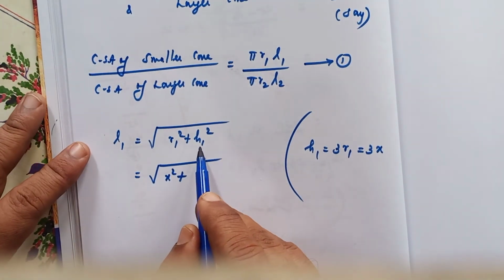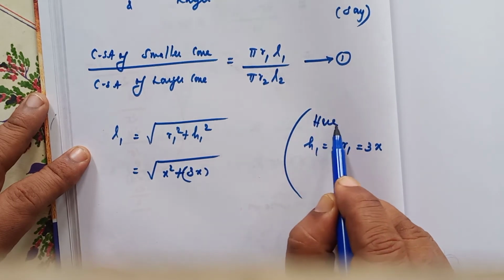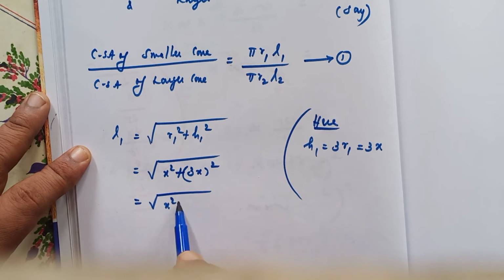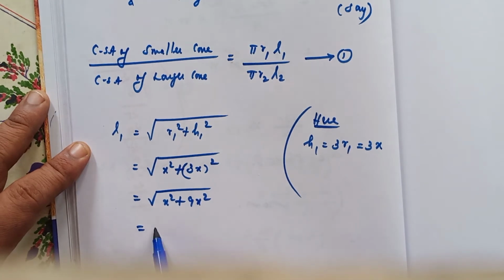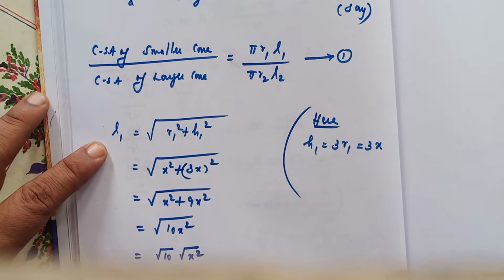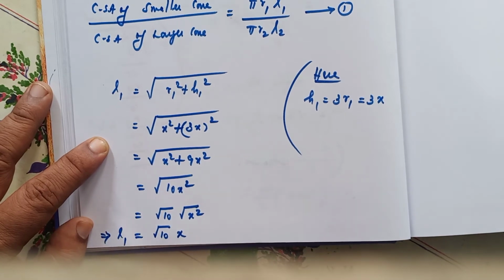So this can be replaced by 3x whole squared. That equals square root of x squared plus 9x squared, 3 squared is 9, then x squared. 1x squared plus 9x squared equals 10x squared, that is root 10 into root of x squared. Root 10 as it is, root of x squared is x, that is L1.